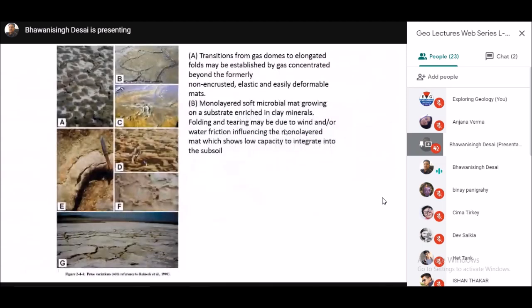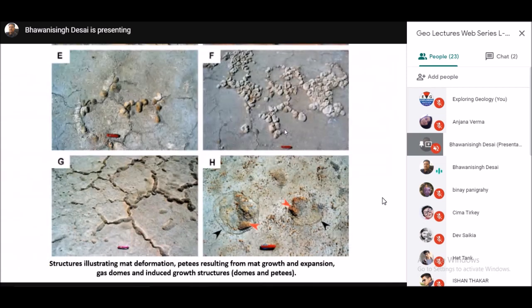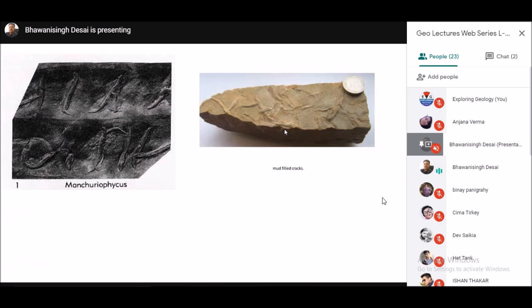Second, you may find a lot of this kind of structure, which are actually not of biogenic origin. They are formed like this. Most of them are mats, algal mats, which are uplifted by the gases that are formed in the subsurface. Second, you may have mud cracks which are preserved, like a case study here. These are all mud cracks.